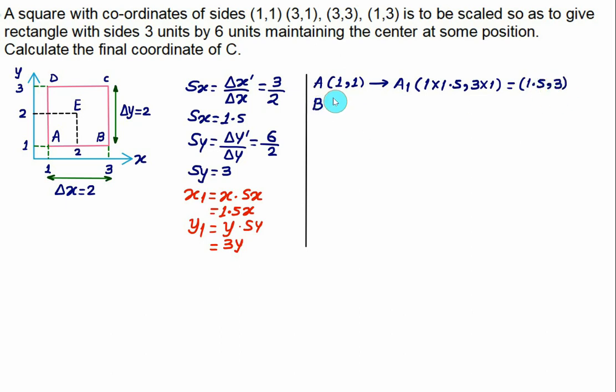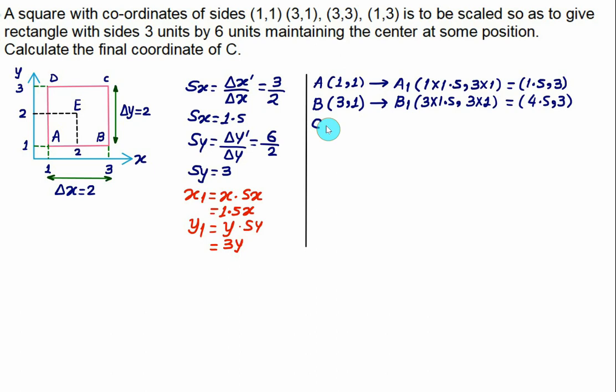We have the coordinate of point B as 3, 1. After scaling it will become B1. It is 3 multiplied by 1.5, comma 3 multiplied by 1, that equals 4.5, comma 3.